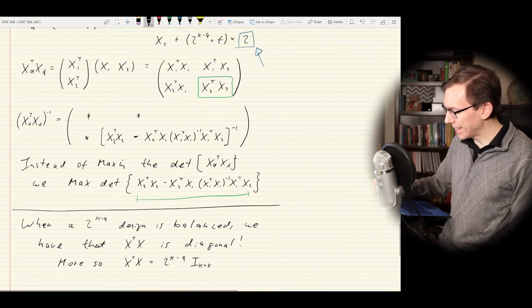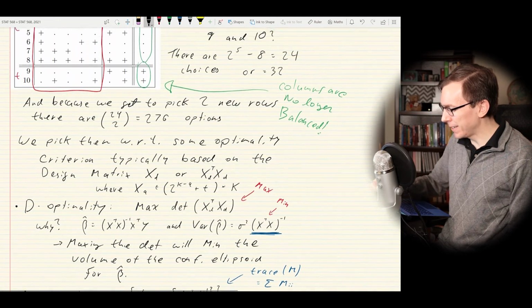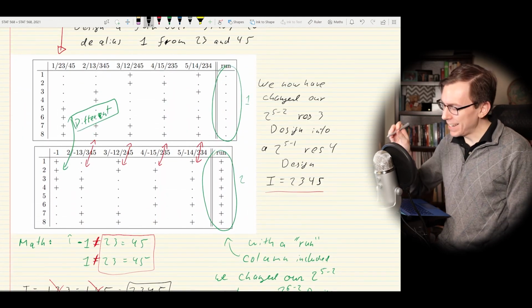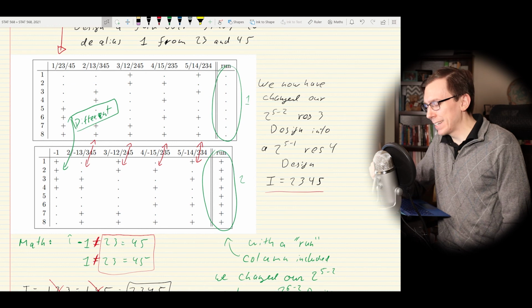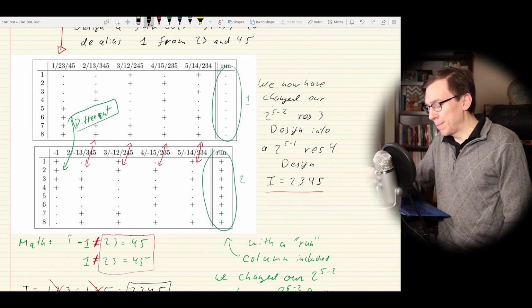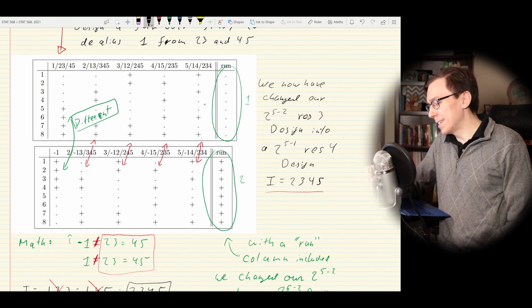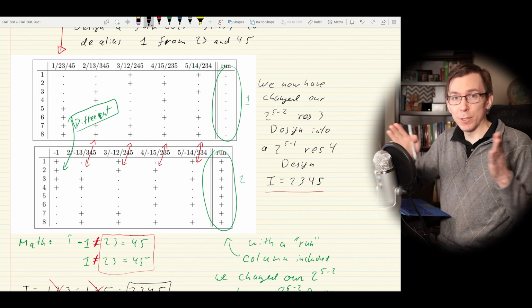The point is that if I take one of these matrices up here, not that one, it's not balanced. If I take one of these matrices and multiply it by itself, what I'm basically doing is a dot product of each column by itself. That's just going to sum up to be the number of rows. If I do a dot product between any two distinct columns, I'm going to get 0, because I'm going to have the exact same number of minus minuses, minus pluses, plus minuses, and plus pluses being multiplied together.